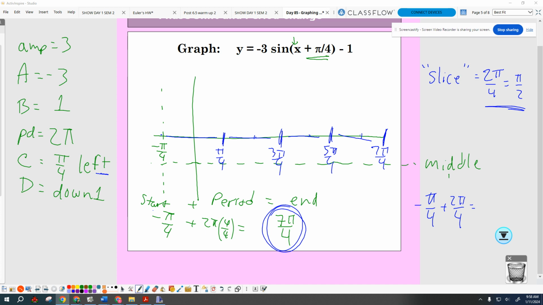What is the period of this function? Monica said the B value was 1, so the period didn't change. 2 pi divided by 1 is still 2 pi. Yep. Katie? So you add the slice to this one, and then each time you add.